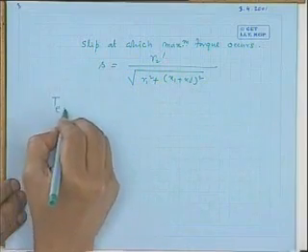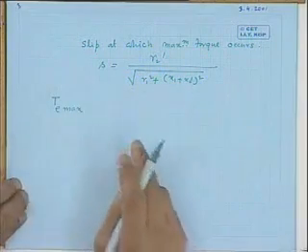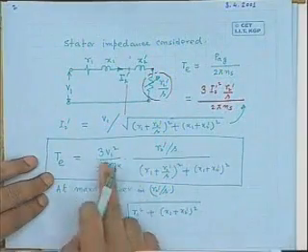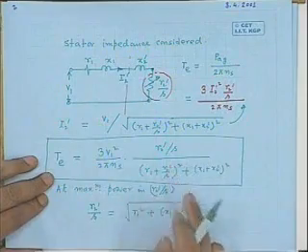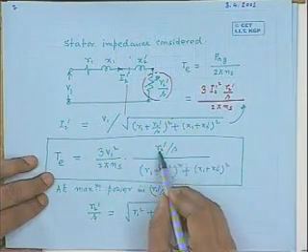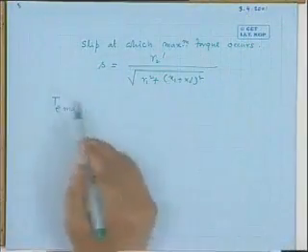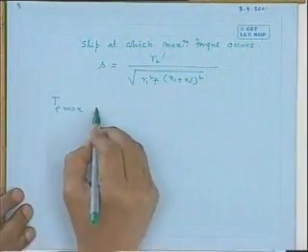And what will be the value of maximum torque, T max? You have to put this value of S in this expression. In fact, S comes as R2 dashed by S, so I will put this value of R2 dashed by S here in this expression.